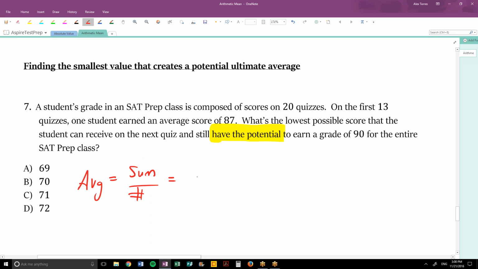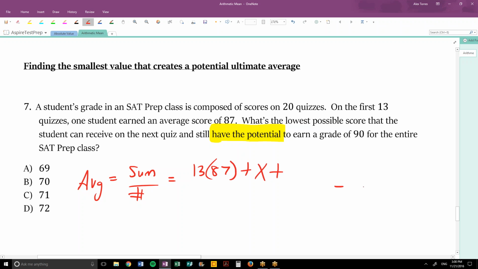and that average is going to come from the fact that there are 13 quizzes where the student had an average of 87. Now we can count those all as 87s because the sum would be the same as if they were all 87, as long as the average is 87. Then we have another score that we don't know, and we want to have the potential of earning a 90.